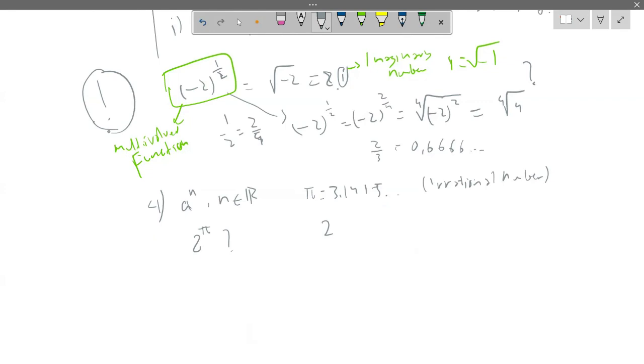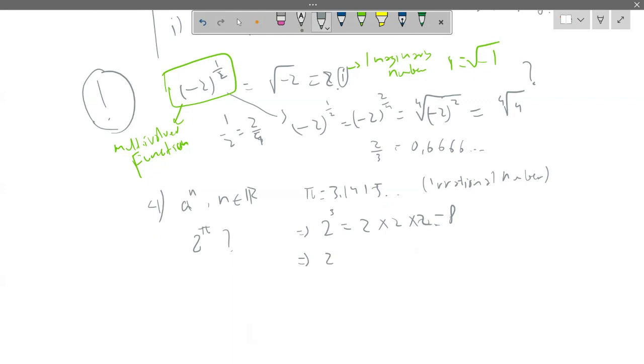But let's talk about the repeated multiplication thing. The nearest one is going to be 2 to the power of 3, which is 2 times 2 times 2, which is 8. Another thing we certainly can't use is the power and radical.